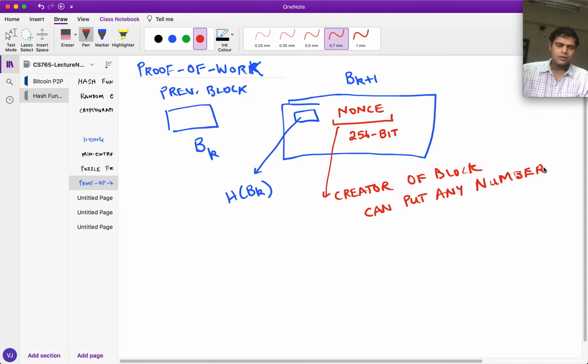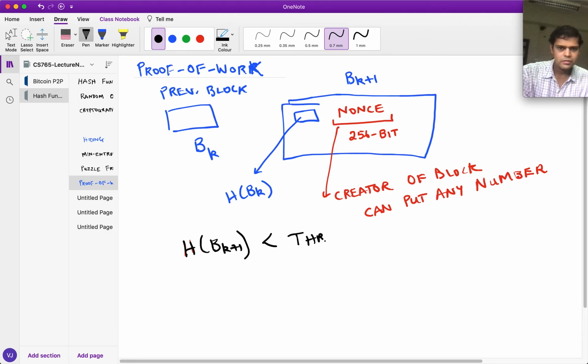Okay. So what is the puzzle? The person who's creating the block has to find a nonce such that the hash of bk plus 1 is less than some threshold, let's say t.